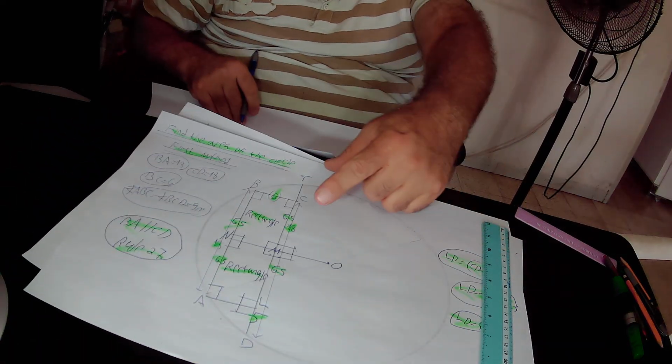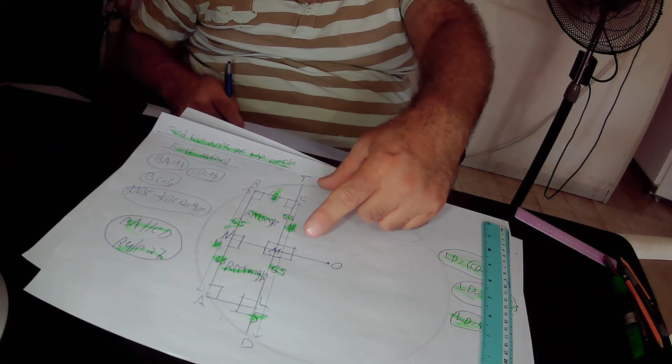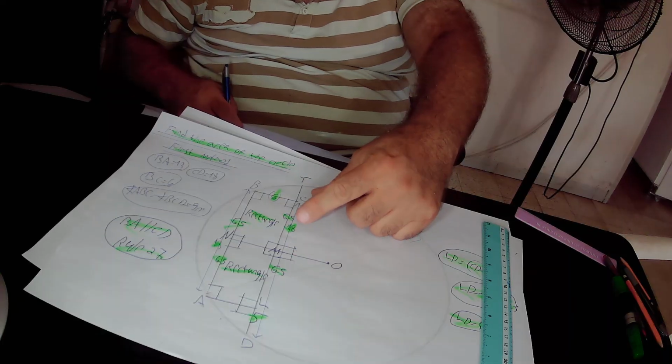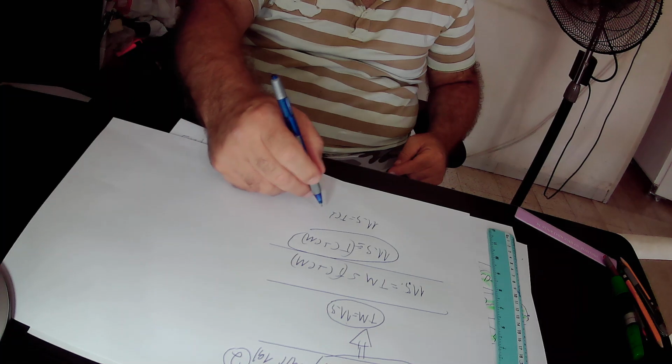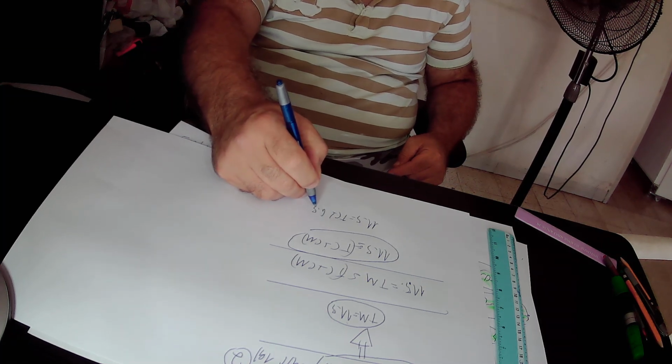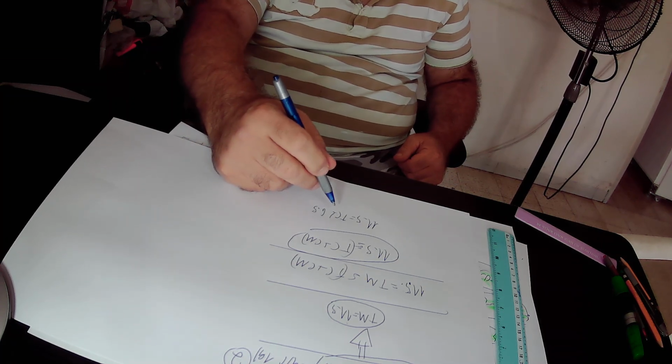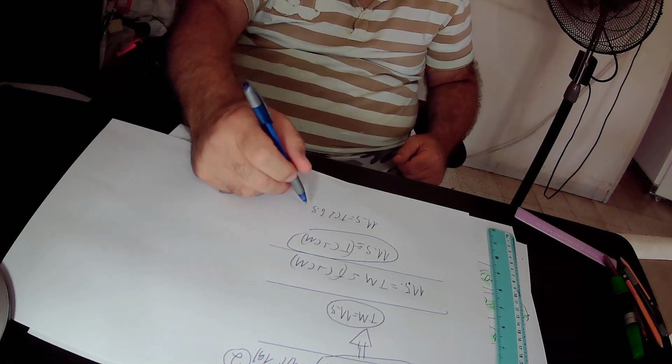But CM equals 6.5. So we substitute CM by 6.5, and we get in total that 11.5 equals TC plus 6.5.